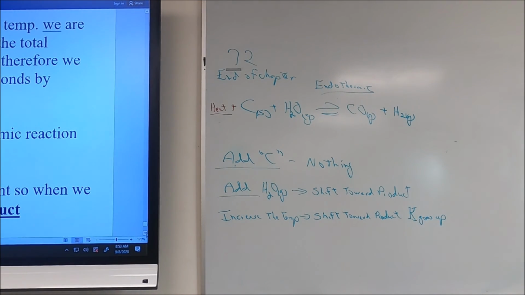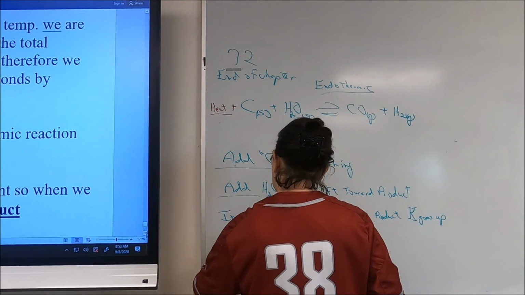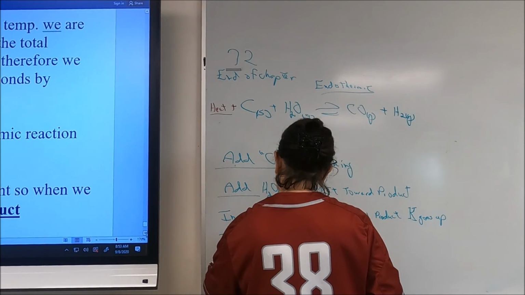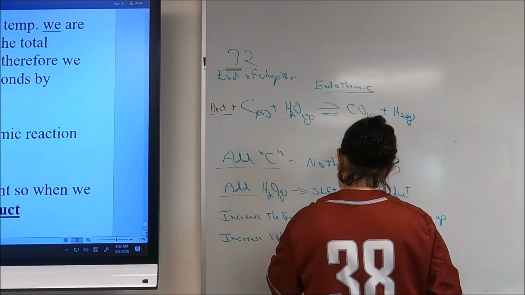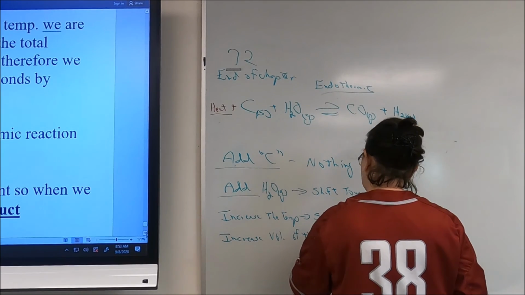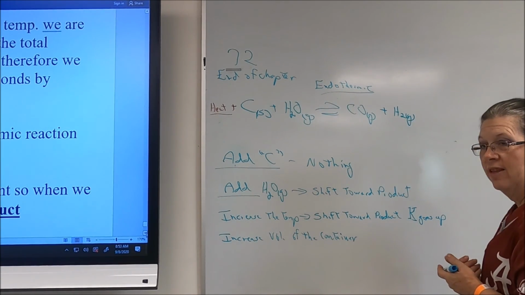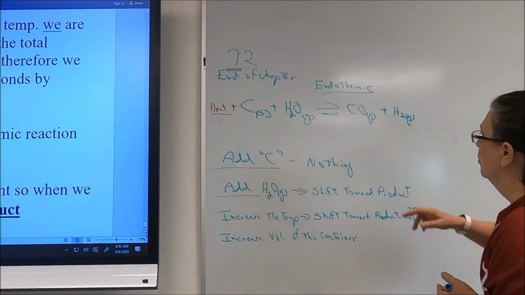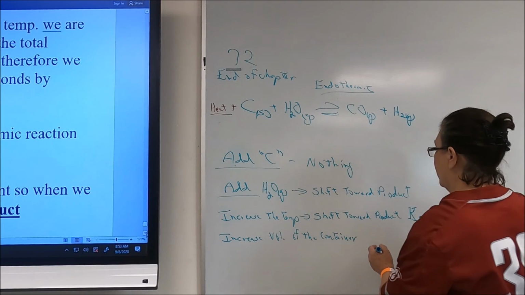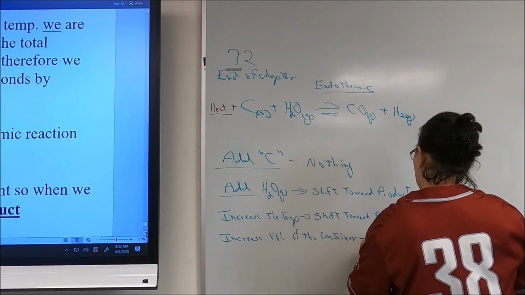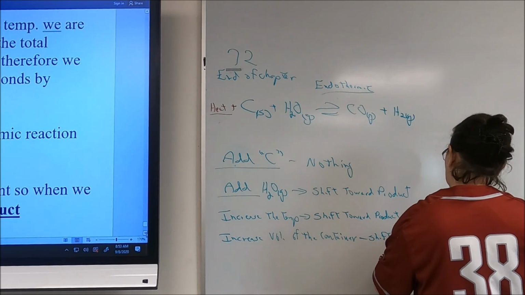Okay? Now, let's increase the volume of the container. If we increase the volume of the container, we want to shift to the side that has more gas molecules. On the reactant side, there's 1. On the product side, there's 2. So we're going to cause a shift toward product.